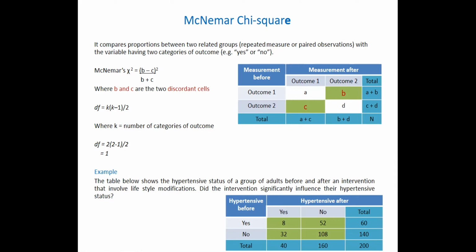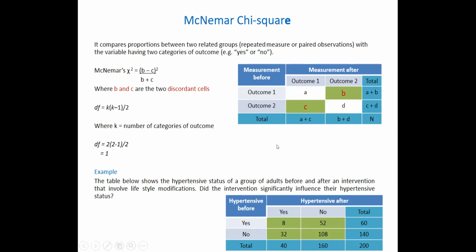So whatever you do, it doesn't move them. Now the ones that changed are the discordant. This B, 52 now, you see that 52 were hypertensive before and they became not hypertensive after. And 32 were not hypertensive before, but they became hypertensive later.